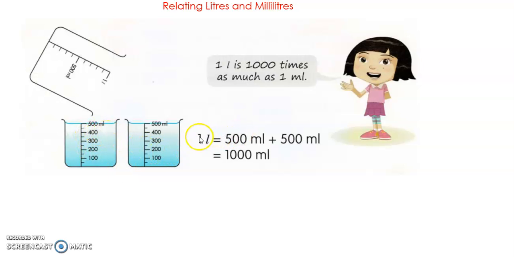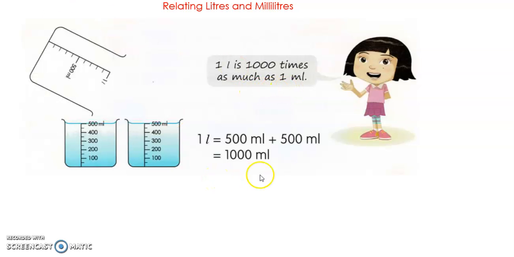So this means 1 liter equals 500 milliliters plus 500 milliliters, which is 1000 milliliters. This means 1 liter equals 1000 milliliters. The same thing here, 1 liter is 1000 times as much as 1 milliliter.